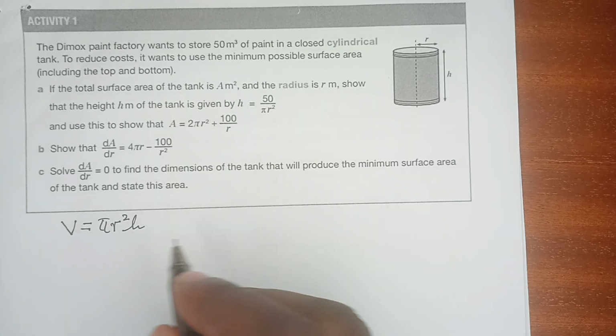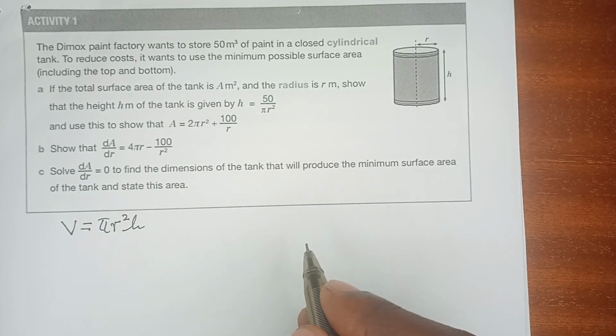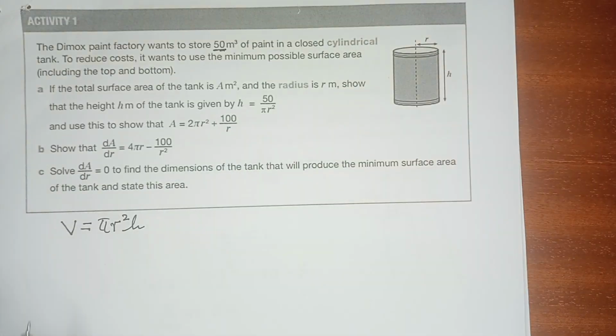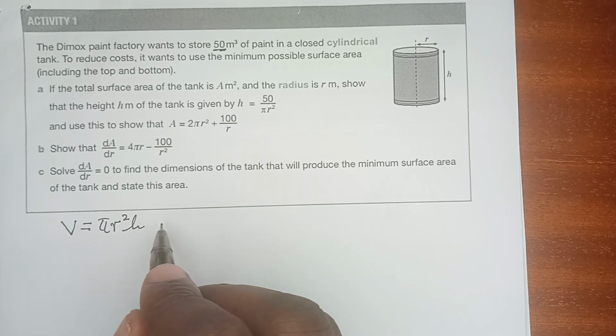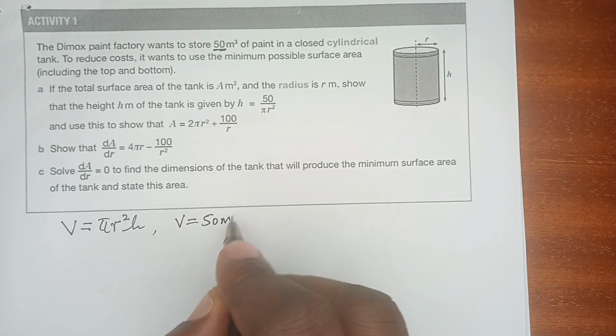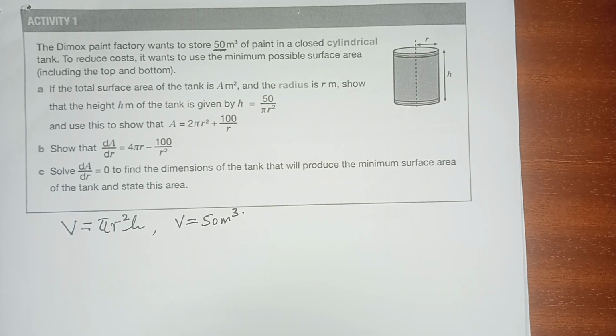That is always the formula to calculate the volume of a cylinder. And in this case, we are told that the volume is 50 meters cubed. So V is 50 meters cubed.